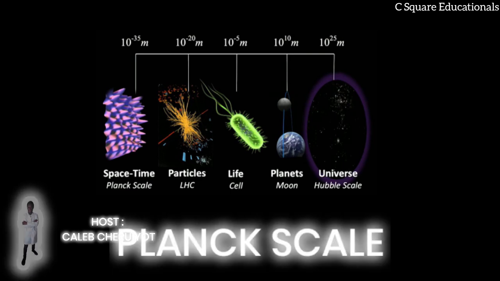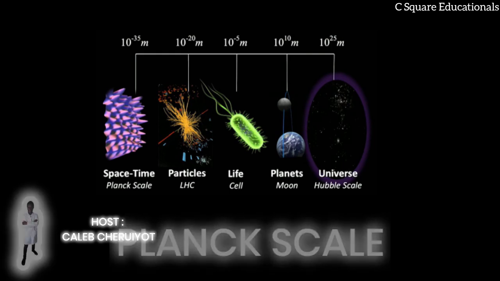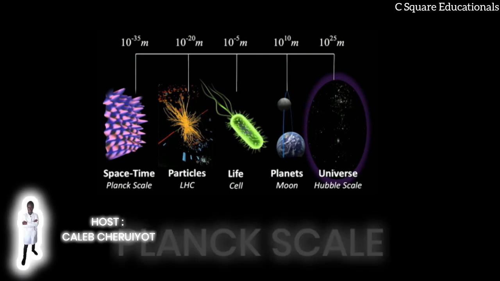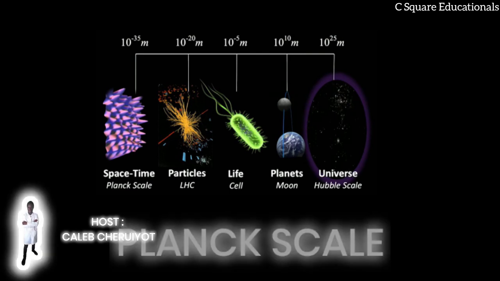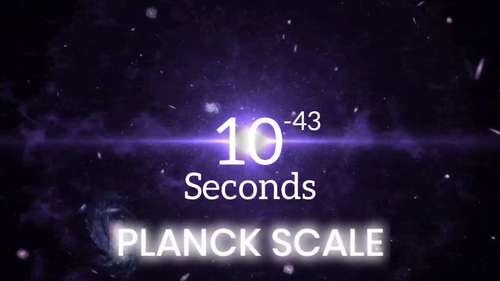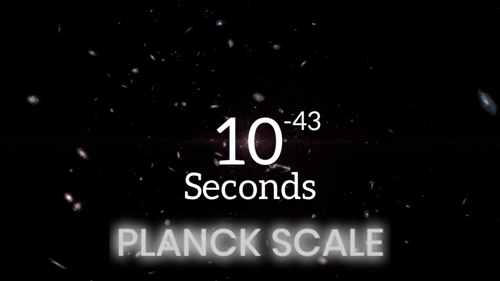At the Planck scale, the predictions of the standard model, quantum field theory, and general relativity are not expected to apply, and quantum effects of gravity are expected to dominate. The best known example is represented by the conditions in the first 10^-43 seconds of our universe after the Big Bang, approximately 13.8 billion years ago.